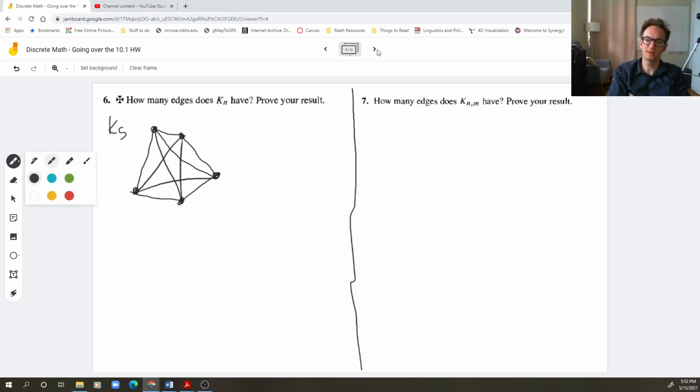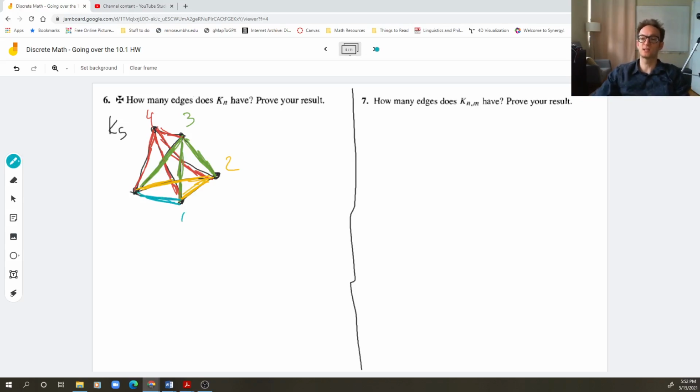Well, the super lame way to do this would be to go here and say, okay, that's 4 edges, and then we pick a new color. We go over here to this next vertex. How many here? Well, 3 that haven't already been accounted for, and then over here 2 that haven't already been accounted for, and then we go over here and we get 1.